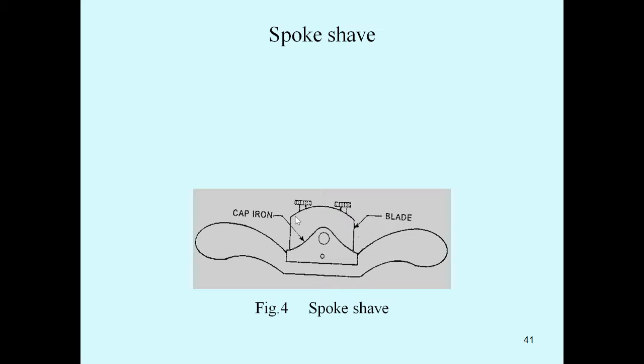Next, spokeshave. You can see the diagram here, with the blade and cap iron, and also two set screws or adjustable screws.